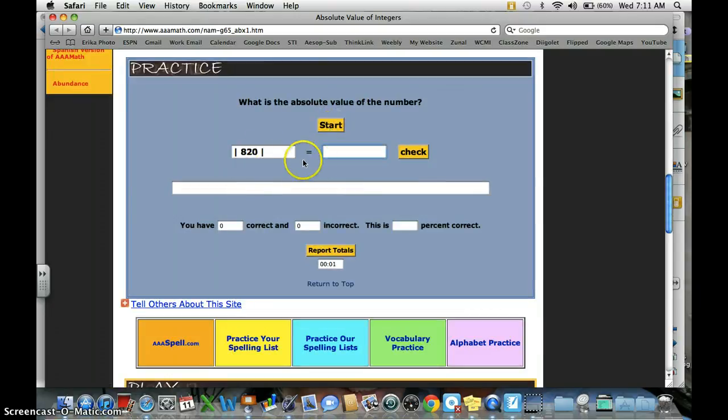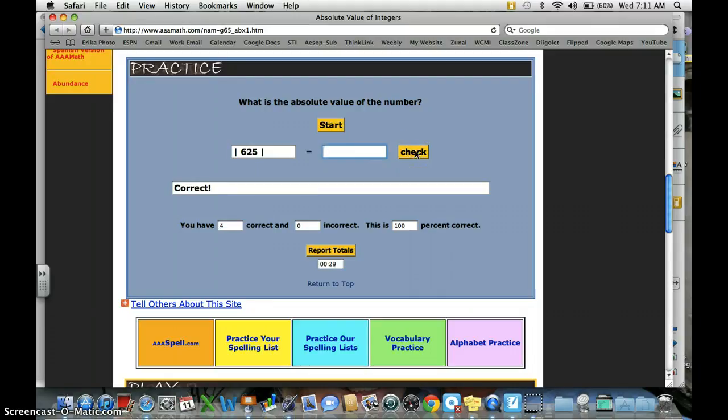It says, what's the absolute value of 820? Well, 820. I can check, and then it gives me a new one. The absolute value of 151 is 151. The absolute value of 552 is 552. The absolute value of 691 is 691. Gosh, only positives.